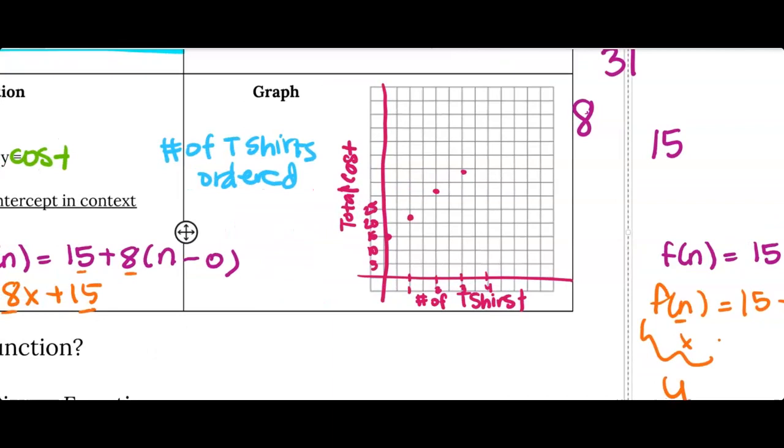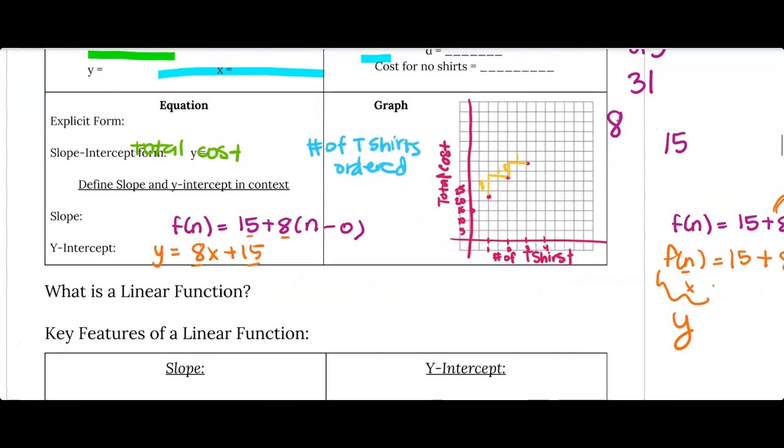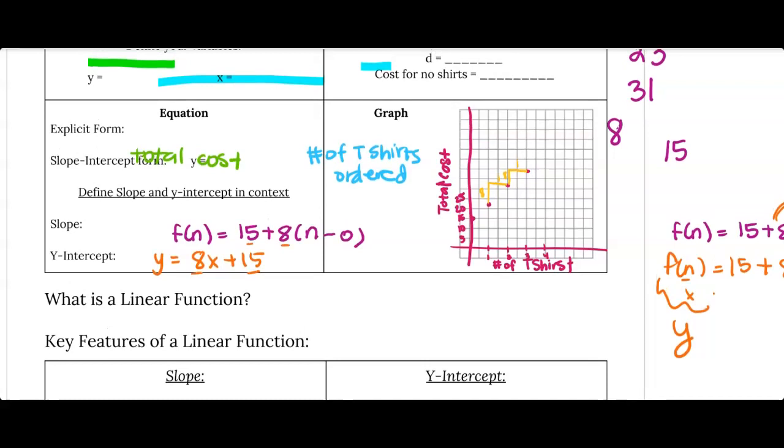But once again, we can see that this goes up by 8 for every 1 t-shirt we sell. So we see that common difference in our graph as the slope. So the slope is going to be the $8 per t-shirt.